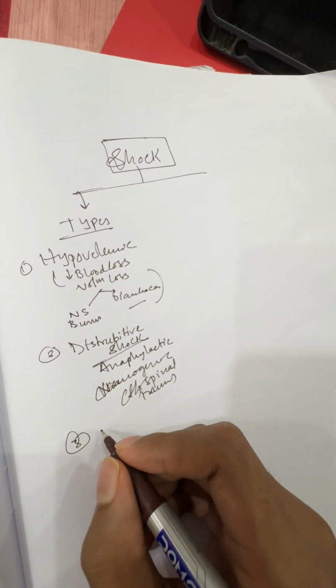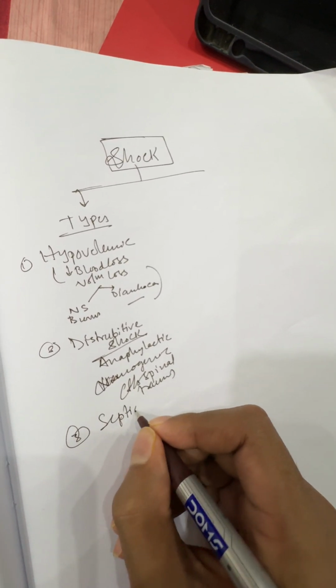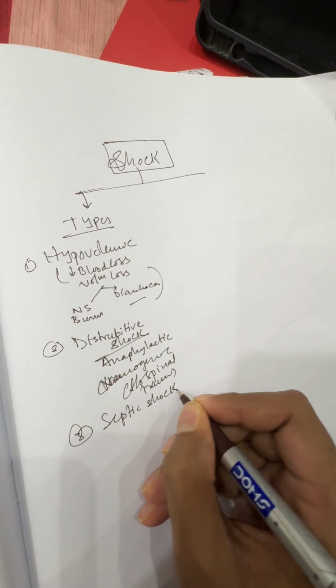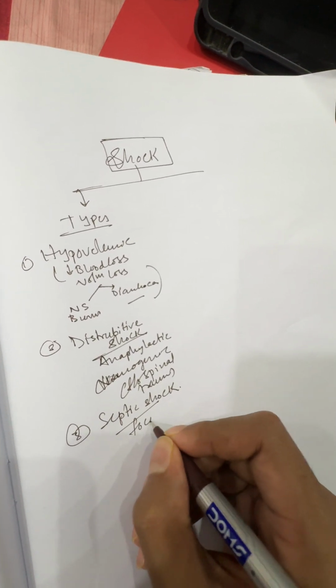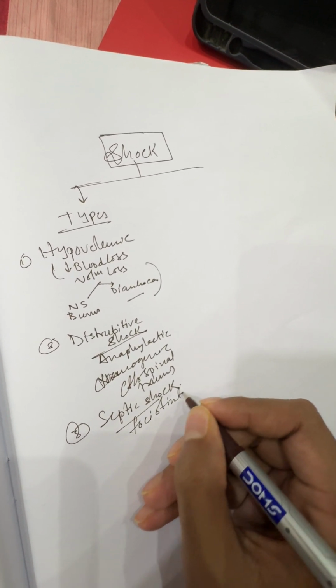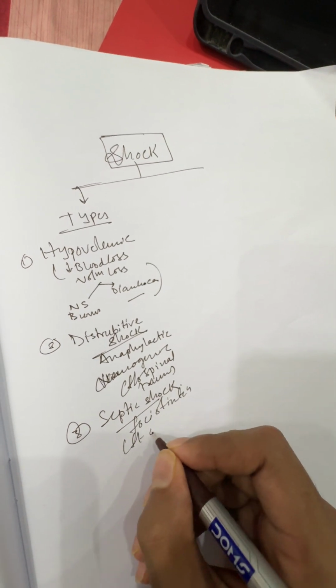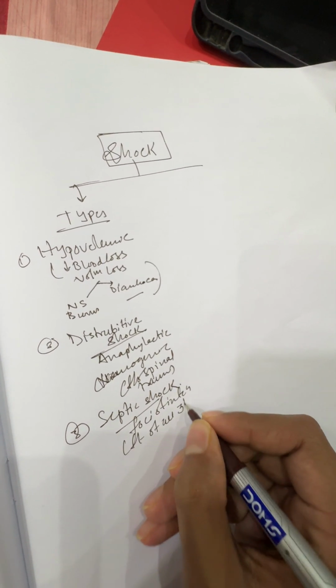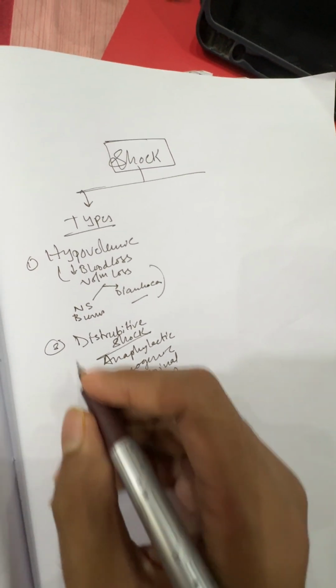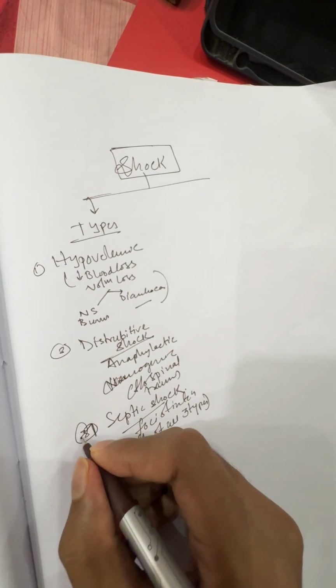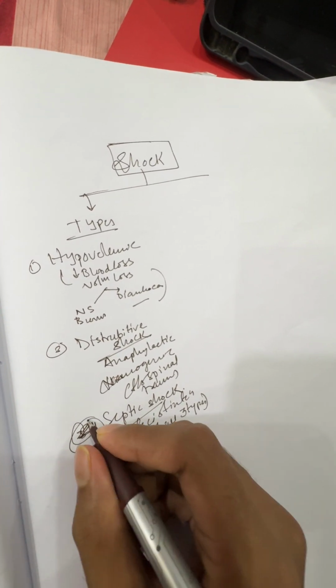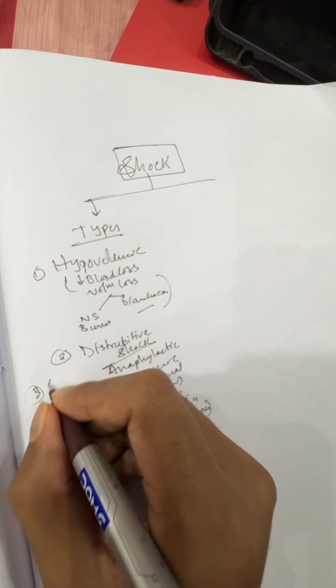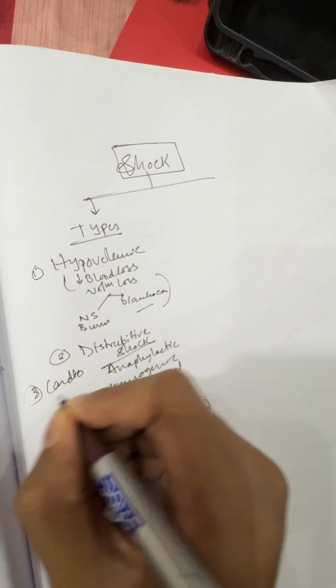Then we have septic shock, where there is a focus of infection, and then there are features of all three types. So what's the third type? I'll write this as the fourth one, and for the third one I'll write here cardiogenic shock.